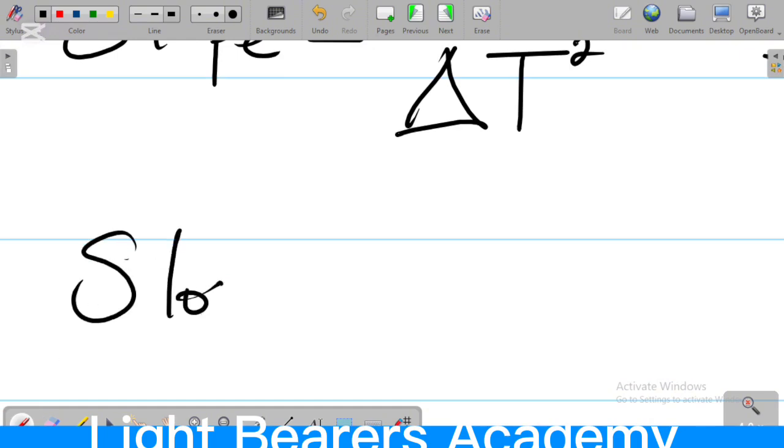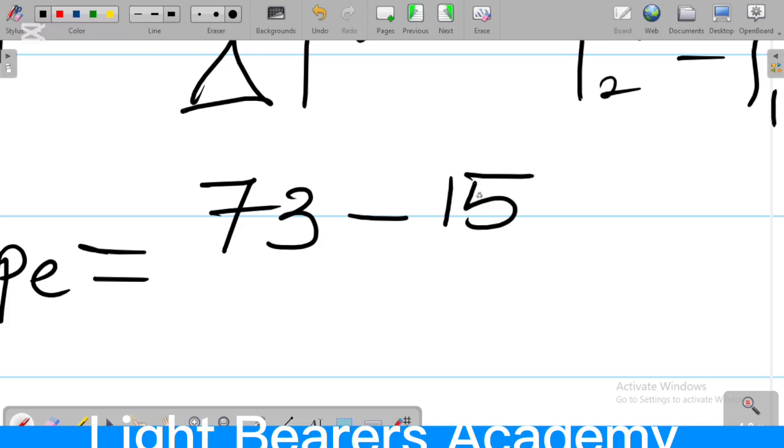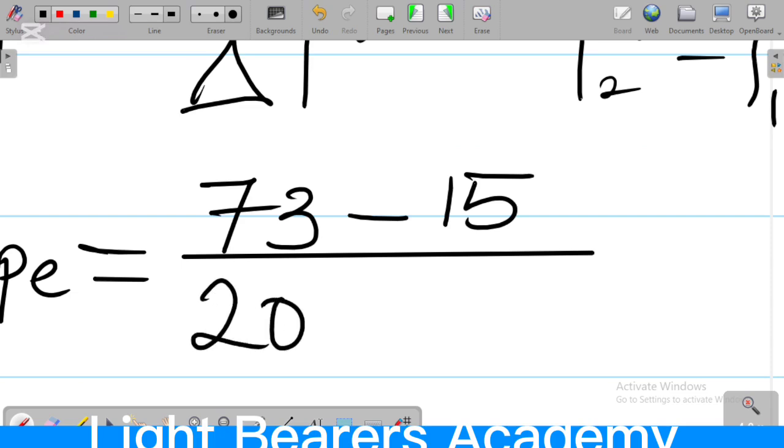So our slope is equal to, what's the value of h2? h2 gave us 73, and then minus h1 gave us 15, all over t square 2 gave us 20 minus t square 1 gave us 11.